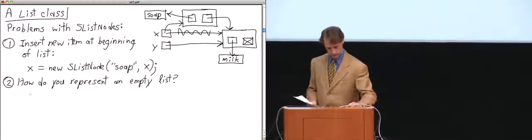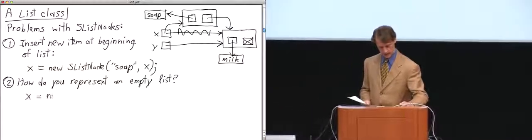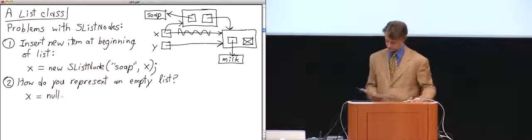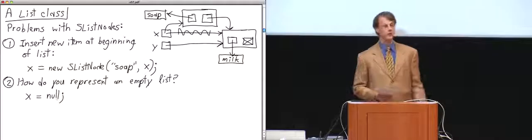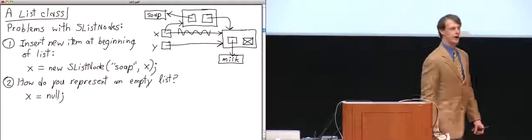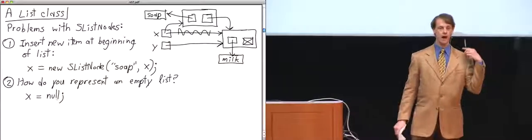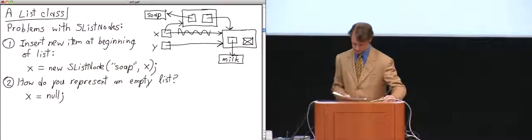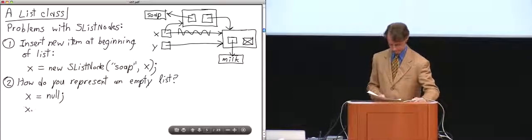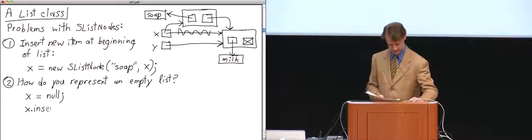So if I say X equals null, I think I have an empty list there. The problem is, what if I try to call an SListNode method on X? So I want to insert something after X, for instance.